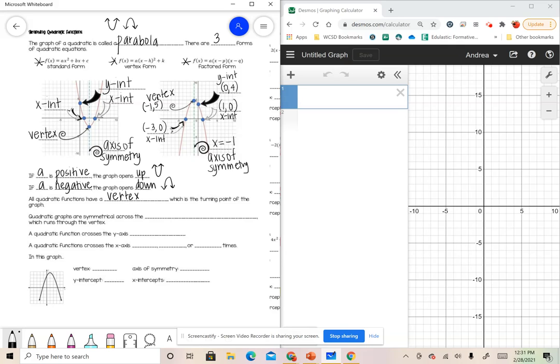So if you look here, there's my vertex. I'm going down, I hit my vertex, and then I'm coming back up. Whereas this one, I'm coming up, I hit my vertex, and then I'm going down. That's my turning point.